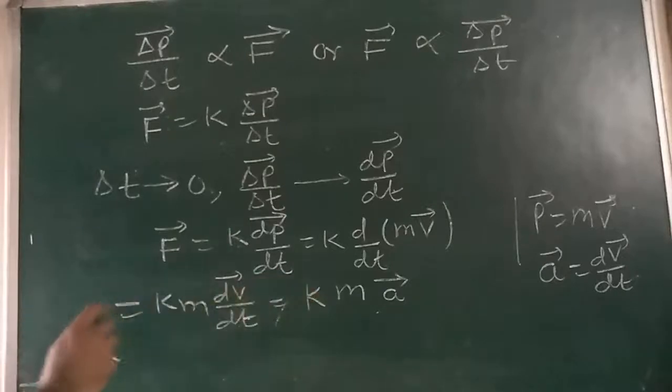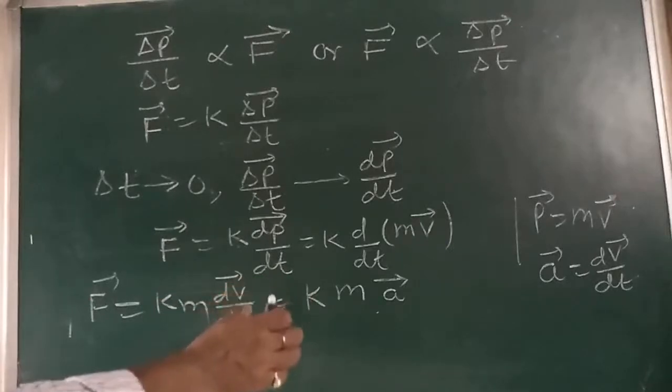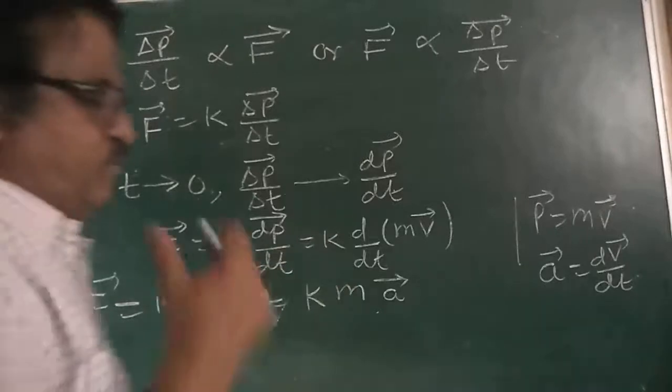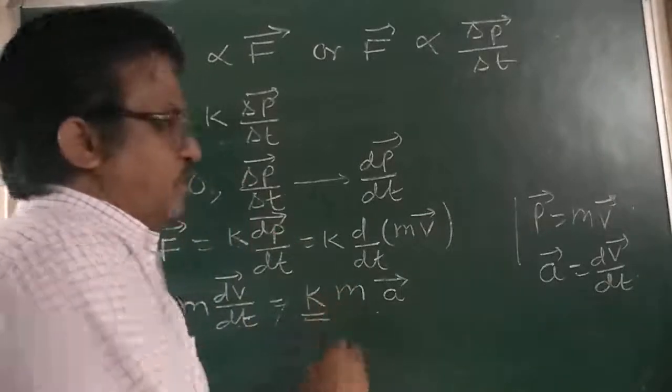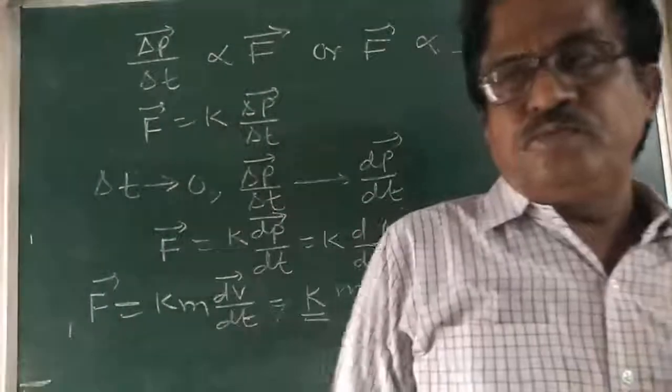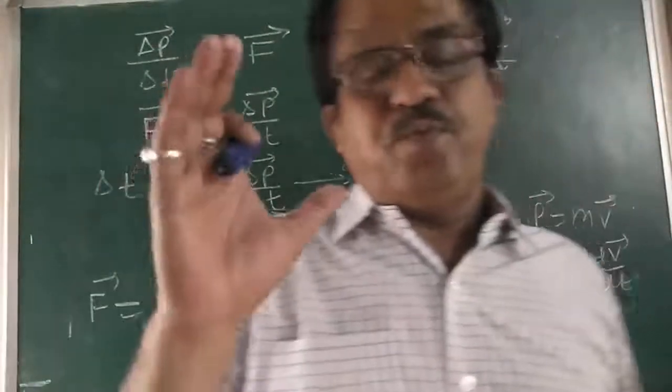Then the value of the constant of proportionality depends on the units adopted for measuring the force. The value of K depends on the units adopted for measuring the force.